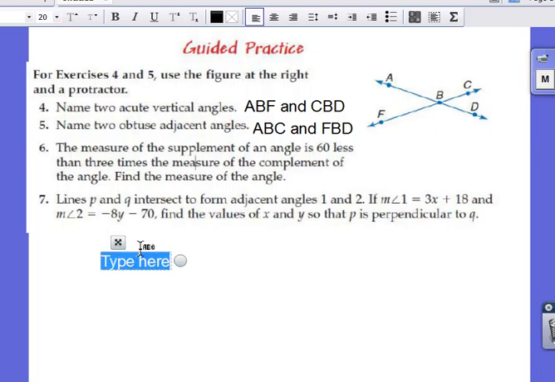So what I will do here is, let me see, 60 degrees less than 3 times the measure of the complement. Alright, so that, to me, reads this. 60 minus, and when it says less than, it's actually backwards, so it's really 3x minus 60.